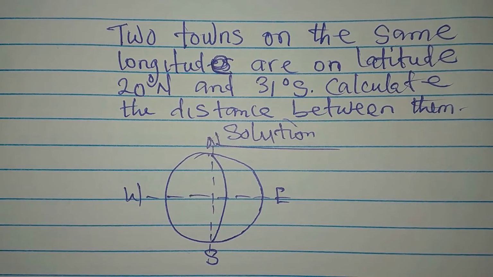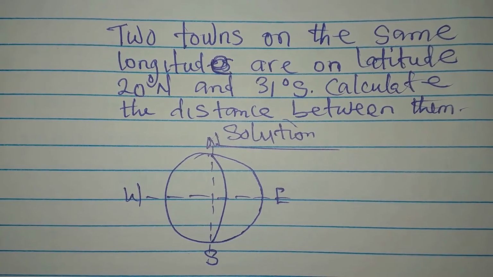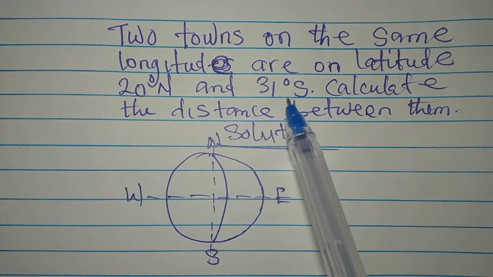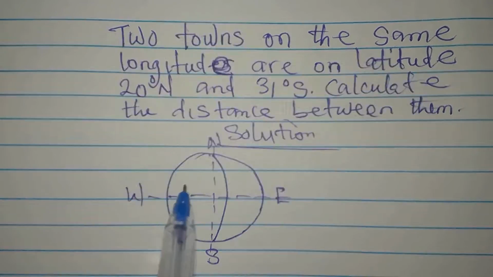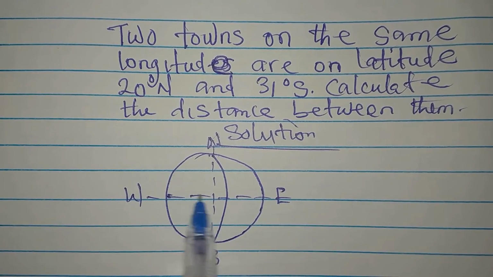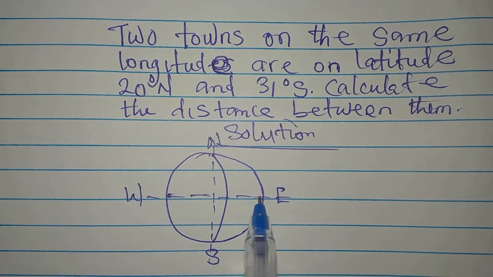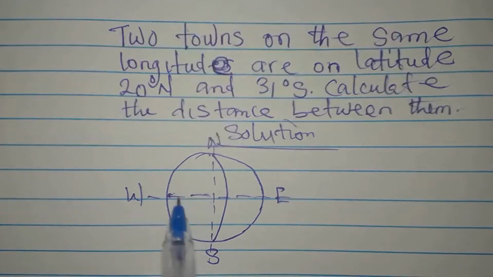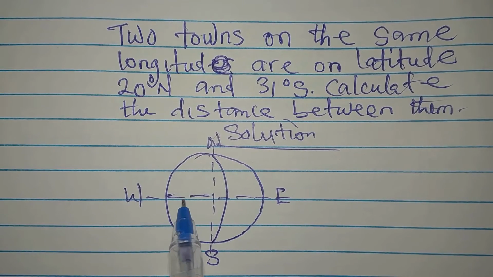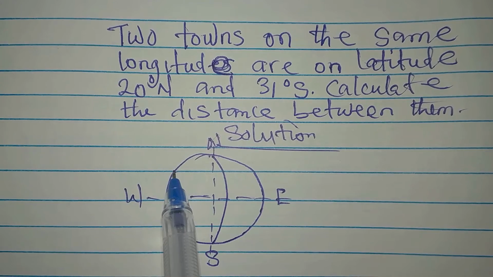Now, the next thing we are going to do is to locate the two latitudes. We have 20 degree north and 31 degrees south. Now, the latitude will go parallel to this equator. This horizontal axis here represents the equator. Okay, so the latitude should go parallel to the equator, right? So now let's get another line of latitude.